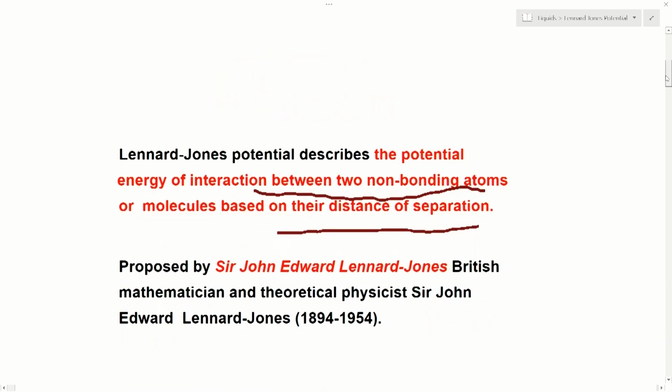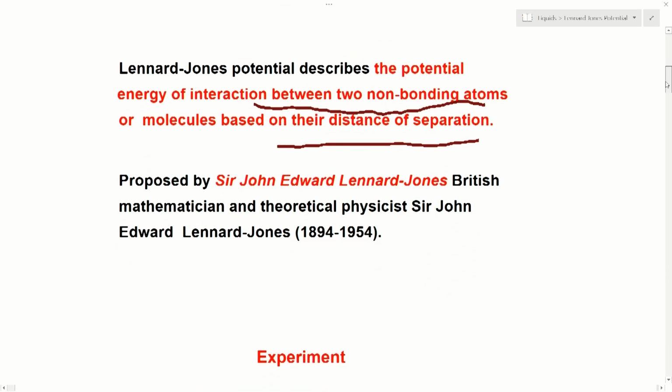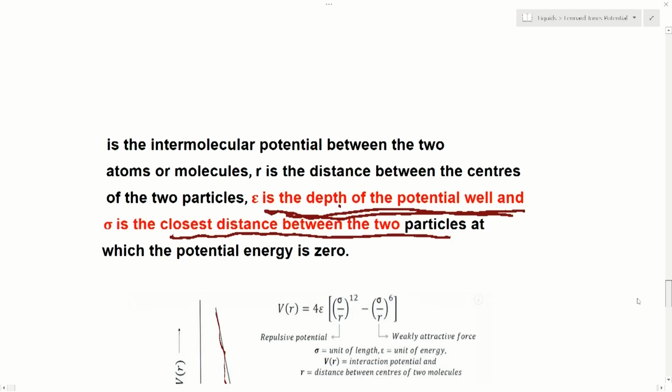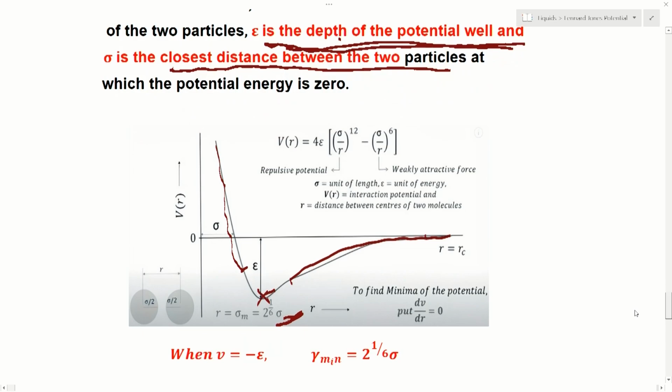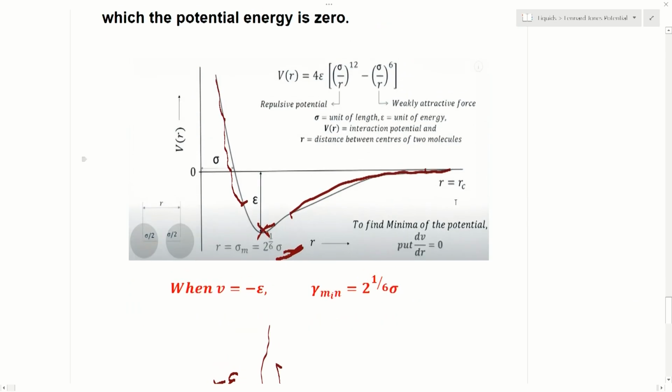Here first we saw what the Lennard-Jones potential is. This is the interaction between two non-bonding atoms and the potential energy. The Lennard-Jones equation is the relation between the potential energy of the interacting molecules and the attractive and repulsive forces of the interacting molecules. That is the conclusion of this Lennard-Jones potential.